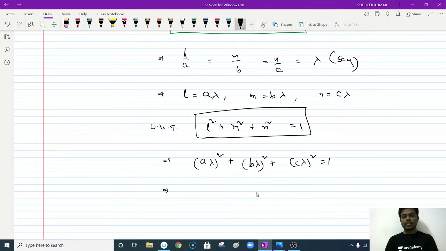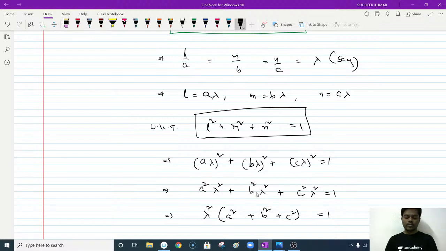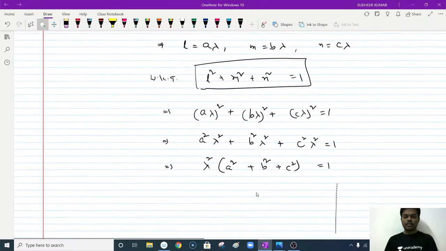Then expand this. This is A square lambda square plus B square lambda square plus C square lambda square equal to 1. So lambda square take common. Then it is lambda square times A square plus B square plus C square equal to 1, isn't it?